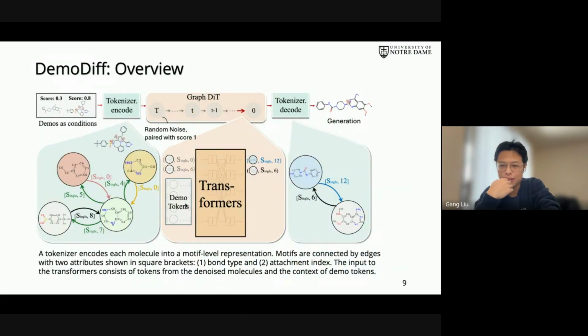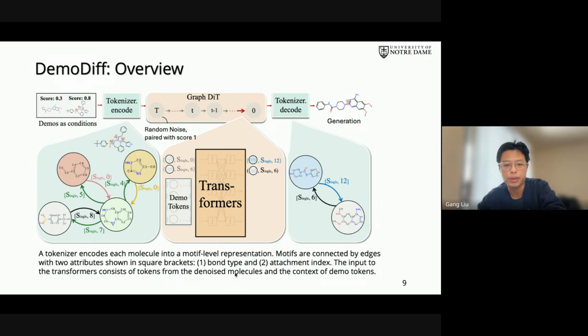Generally, the idea is that you predict in each step. It's like two classification tasks in each step of the denoising process. You use a transformer to predict the motif type, and the transformer also predicts how these motifs are connected, the edge type. So for each edge, they have two properties, and the model outputs two edge attributes.